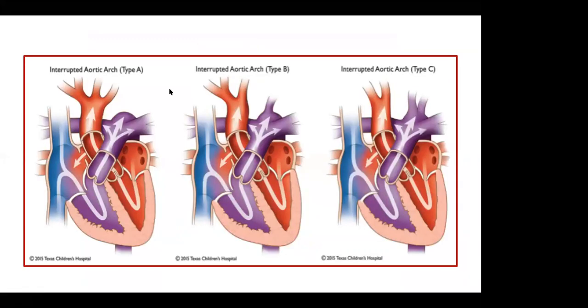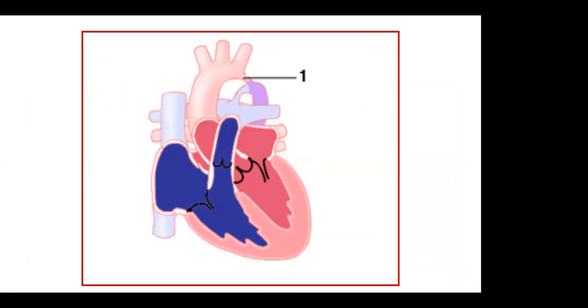A more difficult arch problem is the interrupted arch, where the ascending and the descending aorta are totally separated from each other, and there is a ductus, sometimes called a ductal arch, that supplies the lower part of the body. And as you can see, for our colleagues in the NICU, because they use pre and post ductal saturation a lot: in this case, if you measure the saturation in the right arm, you will have a normal saturation.